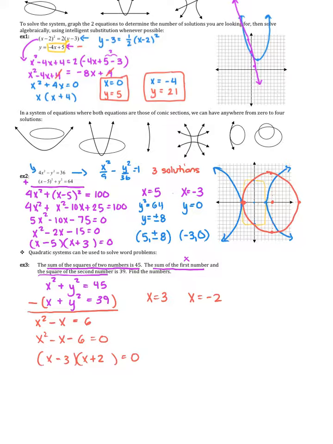Okay, so when x is 3, that gives me x squared is 9, so y squared equals 36, which means that y will equal plus or minus 6. So we have 3 plus or minus 6, and if x is negative 2, then y squared equals 41, which means you have the coordinate negative 2 plus or minus square root of 41.